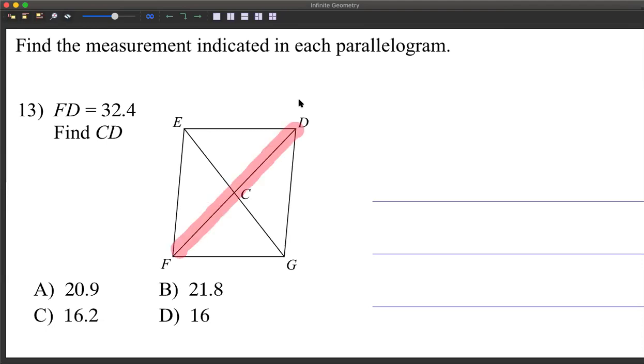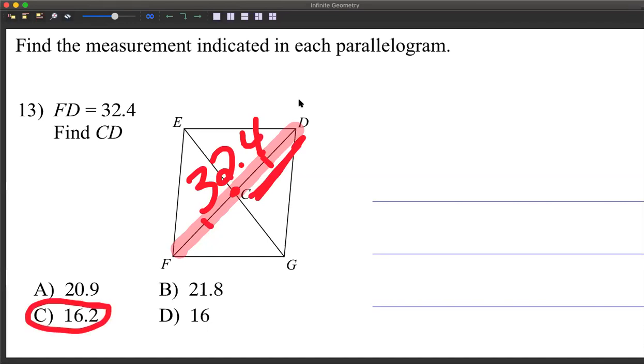So if that whole thing is 32.4, and we just learned that the diagonals, where they meet, cut each other in half, then this little piece FC is going to equal this little piece over here, CD. And CD is what I'm trying to find. So all I have to do is take 32.4 and cut it in half, because that will get me CD. Half of 32.4 is just 16.2. So be careful. Watch whatever information they're giving you, and just remember that the diagonals are going to cut each other in half.